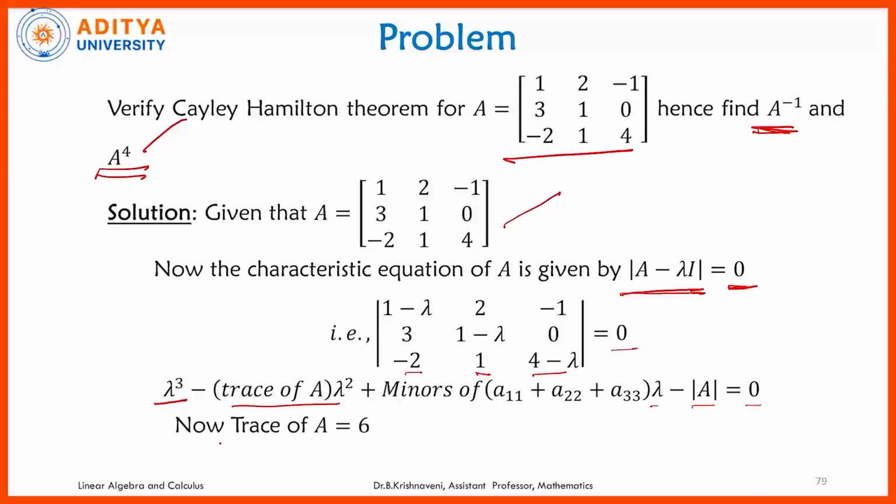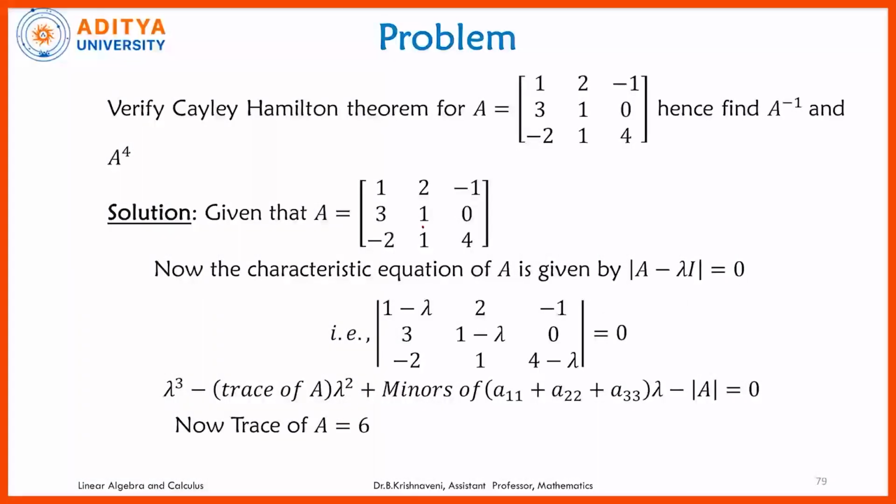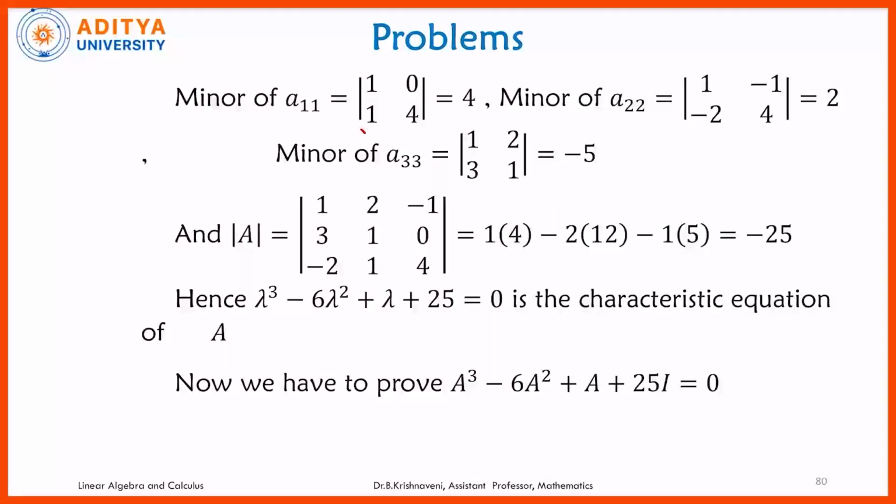First we need the trace of A, the sum of the diagonal elements. The diagonal elements are 1 plus 1 plus 4, so the value is equal to 6. Next we need the minors of A11, A22 and A33. The minor of A11 is given by the determinant of [1, 0; 1, 4], which is equal to 4.